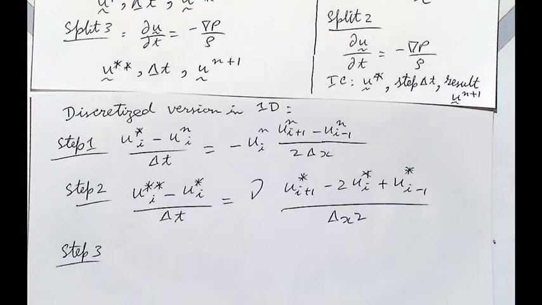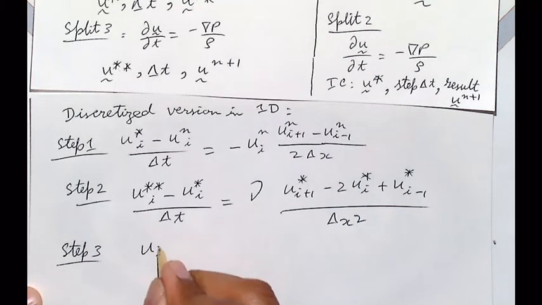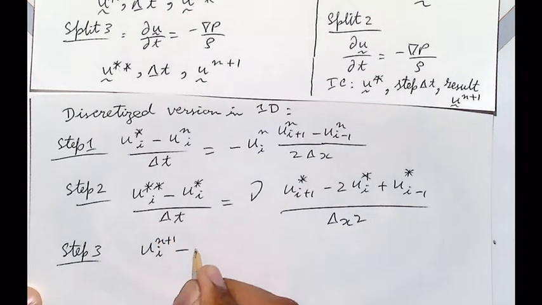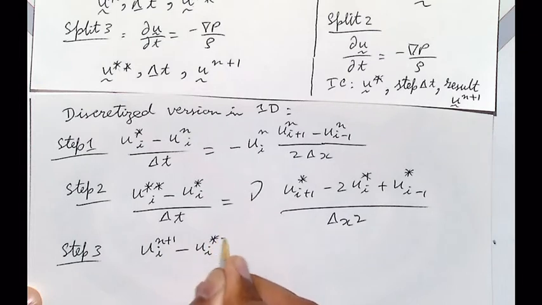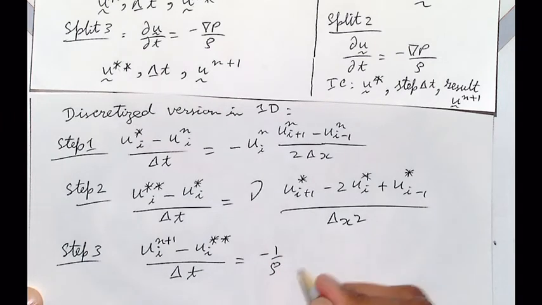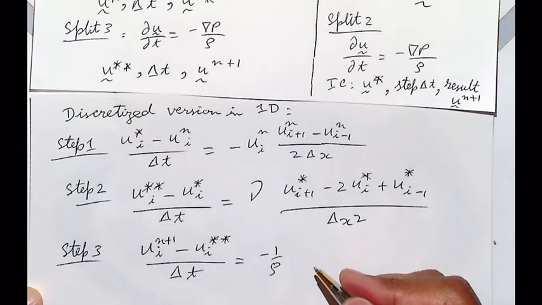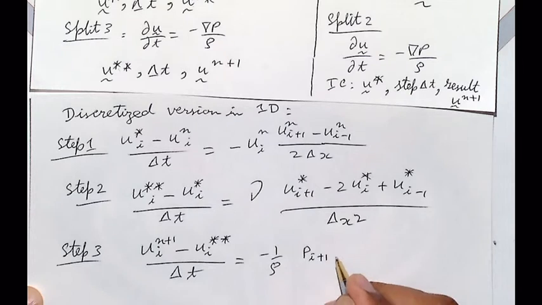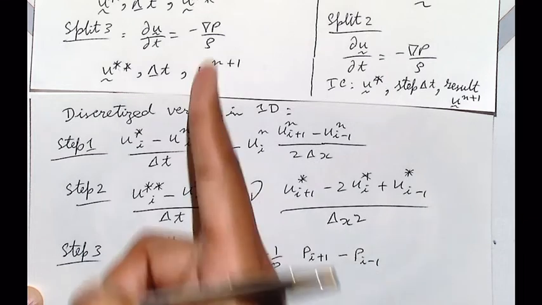(u_i^{n+1} - u_i^{**})/Δt = -1/ρ (p_{i+1} - p_{i-1})/2Δx, the first derivative, right?